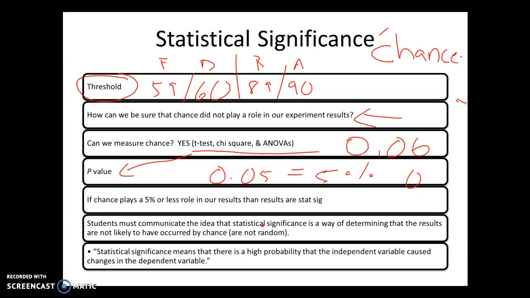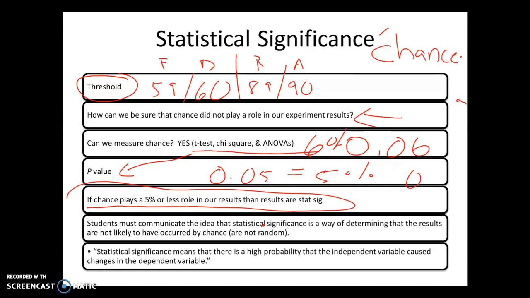Our results are not statistically significant. So that would be 6%. We have failed. All right, so basically it has to be 5% or less, and that means that we can say that chance played a 5% or less role in the results. Therefore, they are statistically significant.